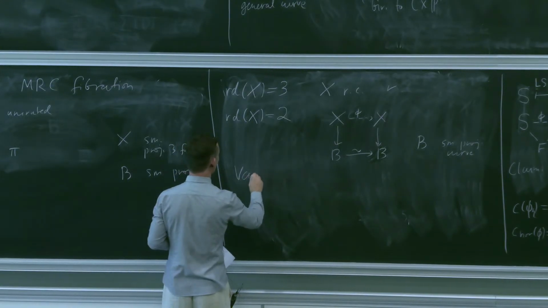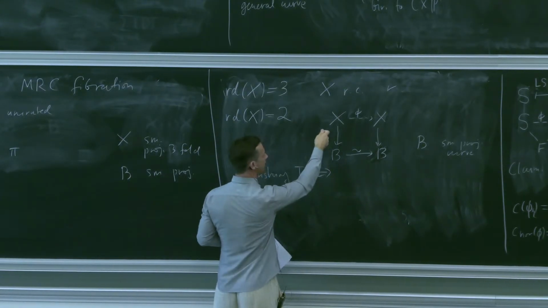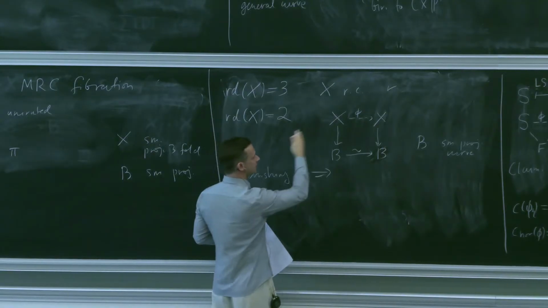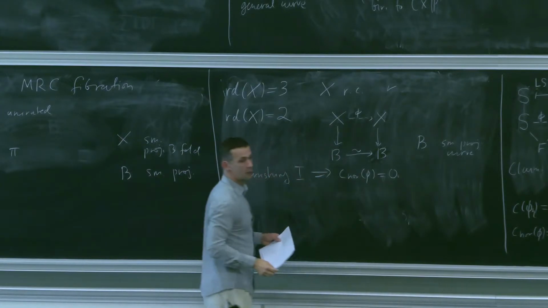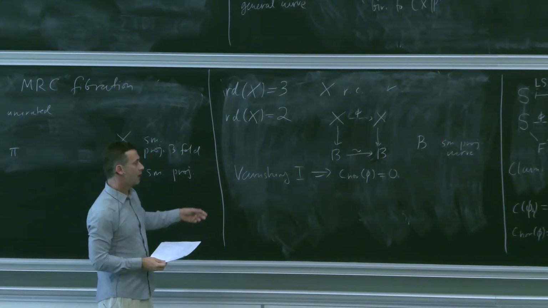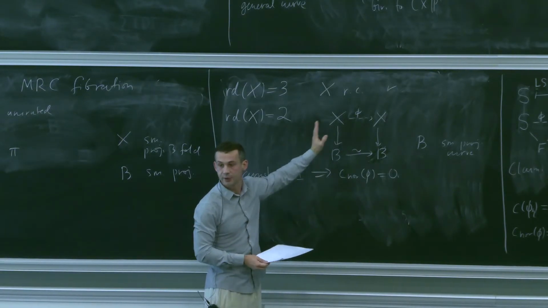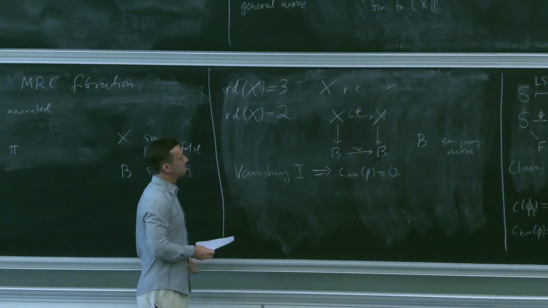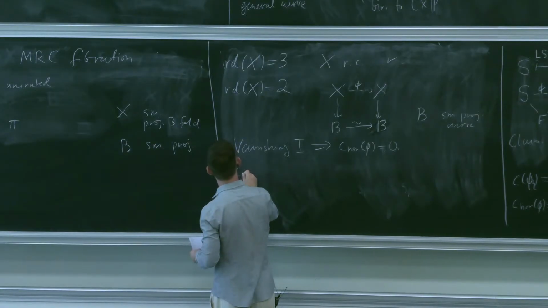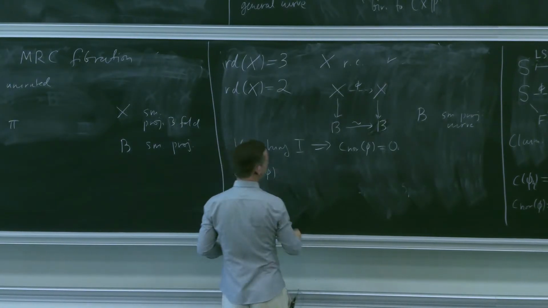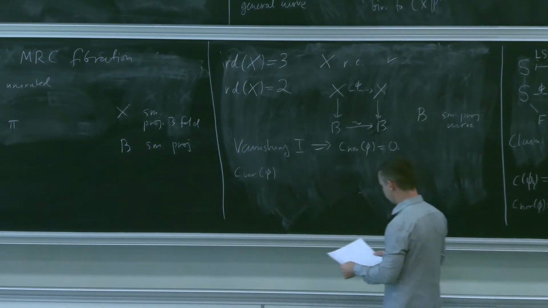What I call vanishing 1, like relative dimension 2 fibrations, self-maps, implies that the horizontal contribution here is 0, because these fibers are surfaces, therefore nothing will happen on the generic fibers. And for the vertical contribution, it's some kind of similar logic to this vanishing 3, but one needs to do a little computation.